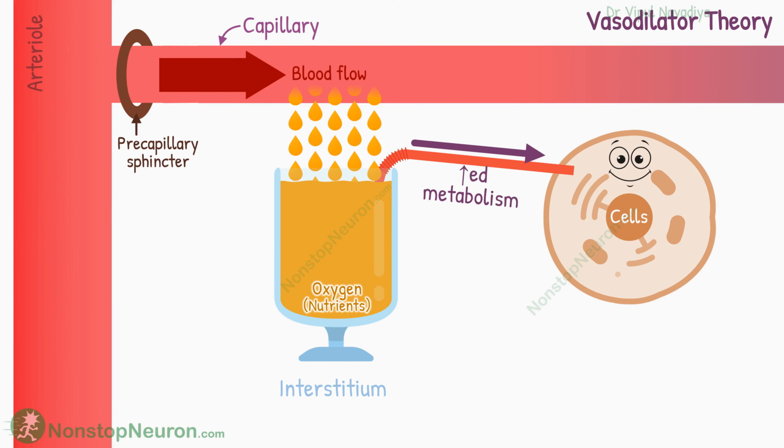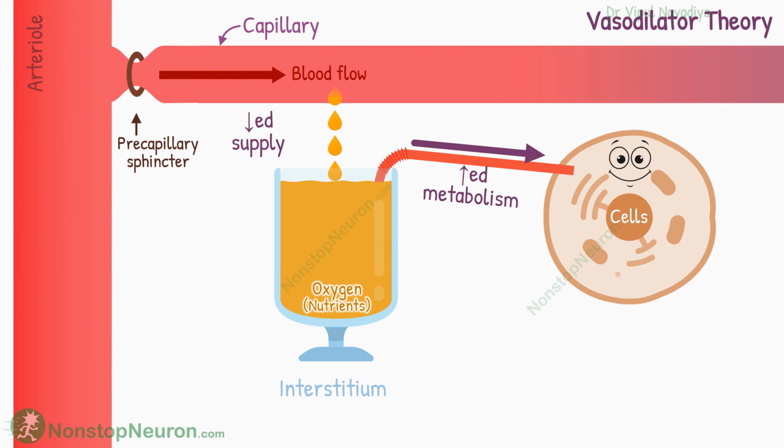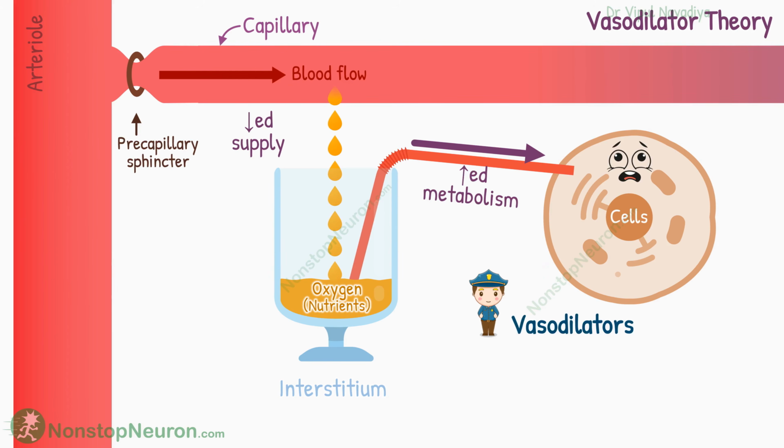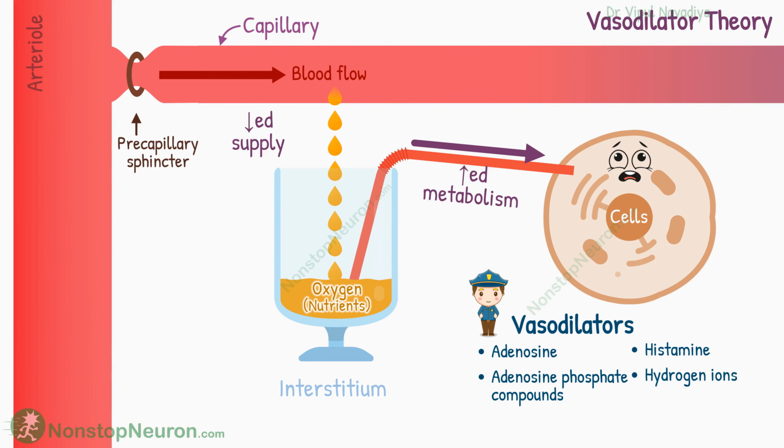Now, increased metabolism, or decreased supply, causes depletion of oxygen in the interstitium. In such a condition, the cells produce vasodilator substances like adenosine phosphate compounds, histamine, hydrogen ions, carbon dioxide, etc. These substances diffuse in nearby areas and reach the precapillary sphincters and smooth muscles in metarterioles and arterioles.